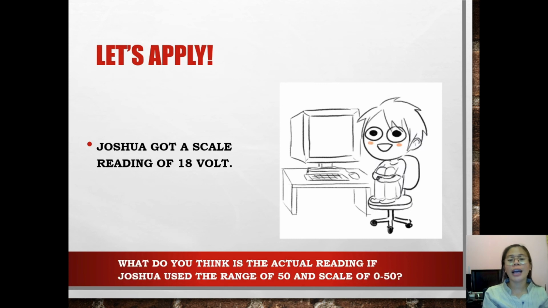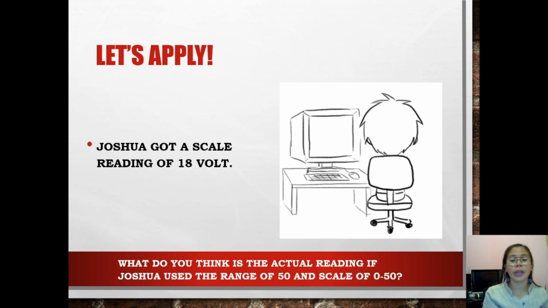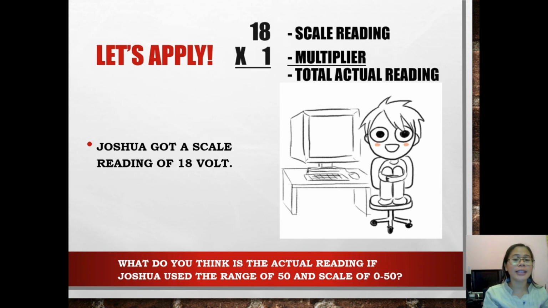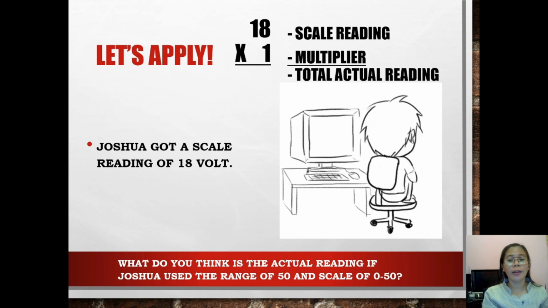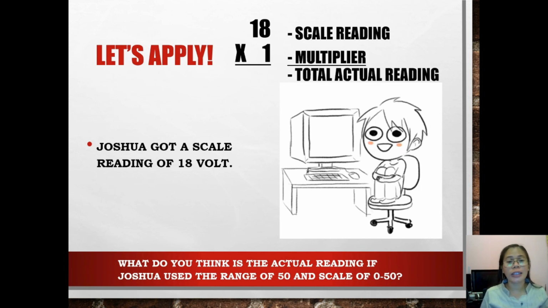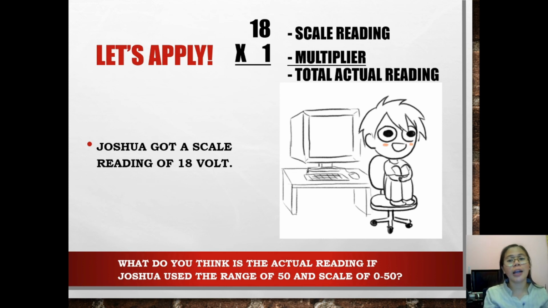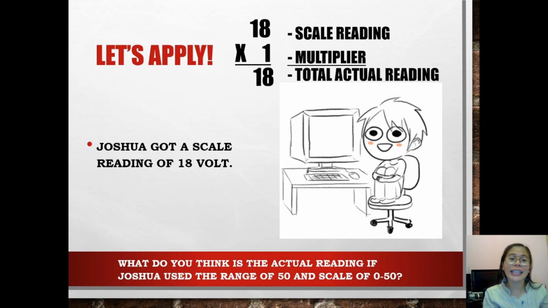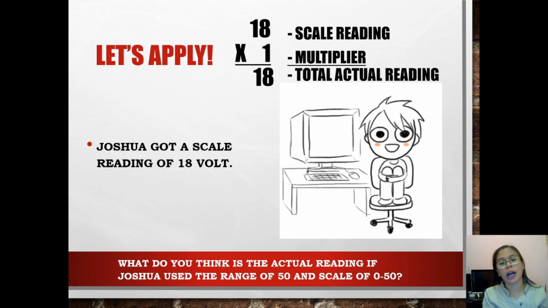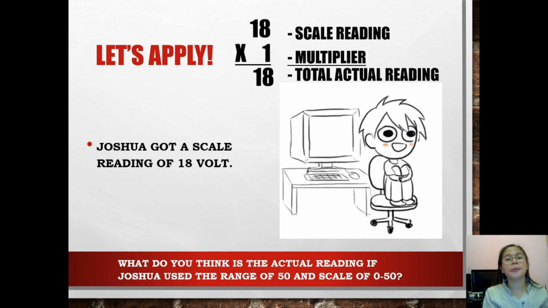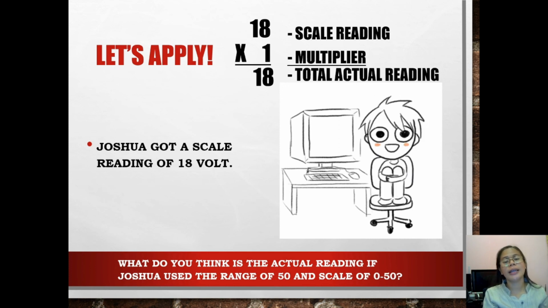What do you think is the actual reading if Joshua used the range of 50 and scale of 0 to 50? So his scale reading is 18 and the multiplier for the range of 50 is 1. The total actual reading is 18. So that is the final actual reading of Joshua in testing the power supply of his PC.